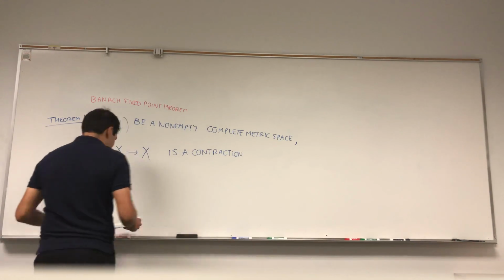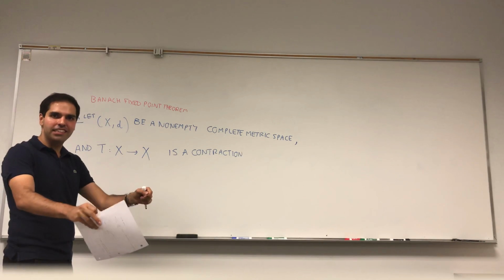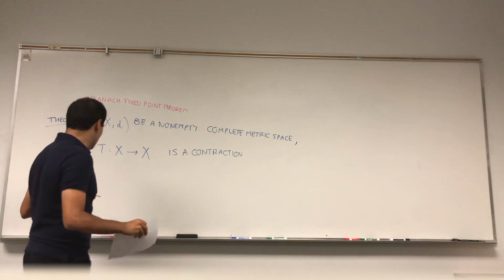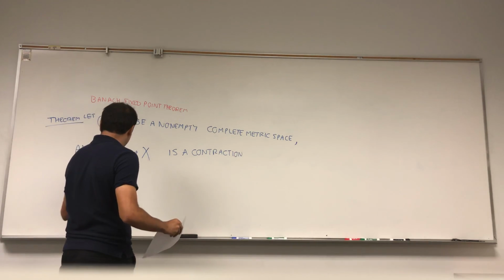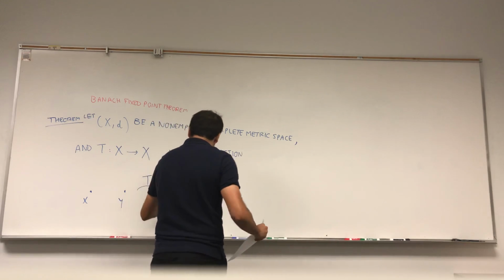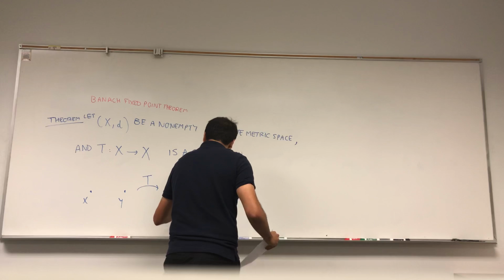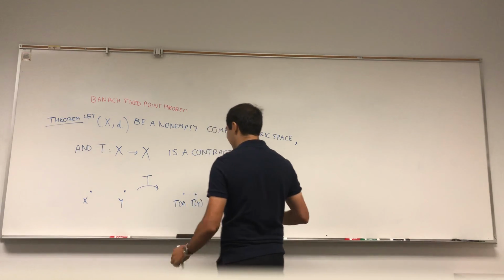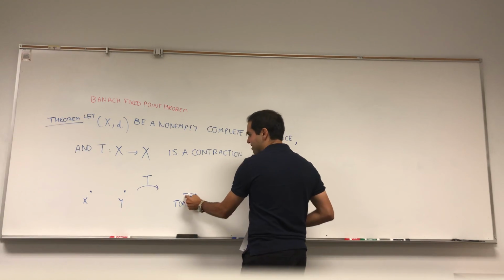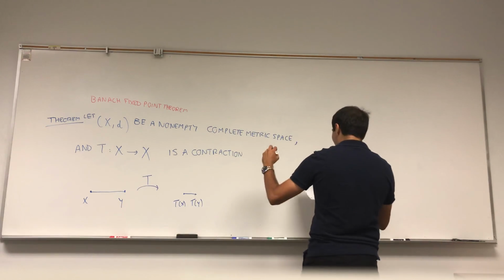What this means is that if you start with two points x and y and you apply T to them, those points get closer and closer. So you have x and y, you apply T to them, and then T of x and T of y are closer than x and y. This distance is always smaller than that distance by a certain proportion.